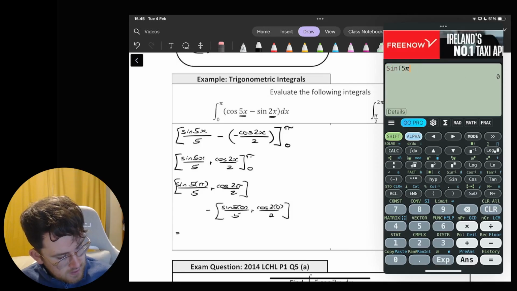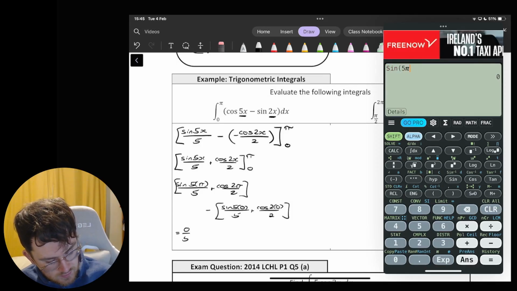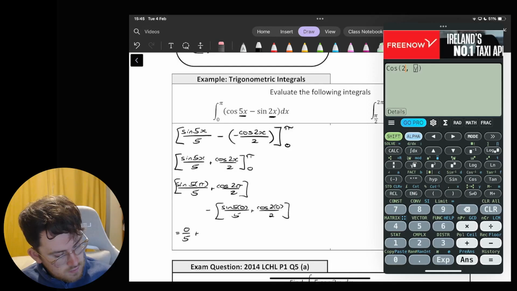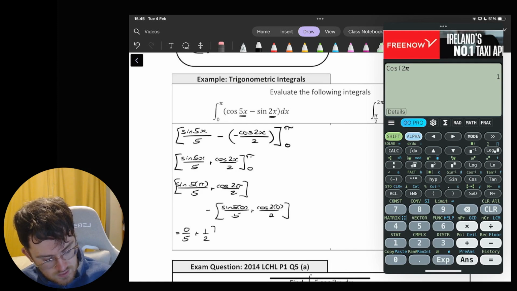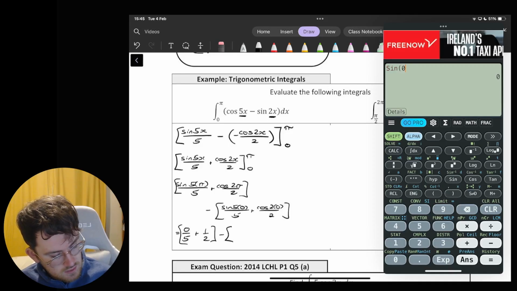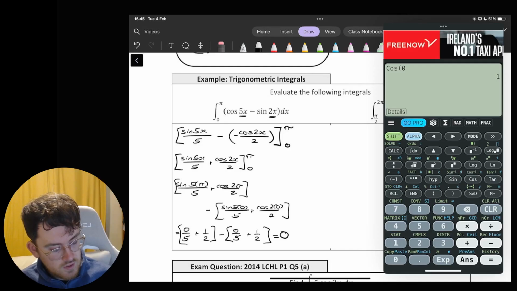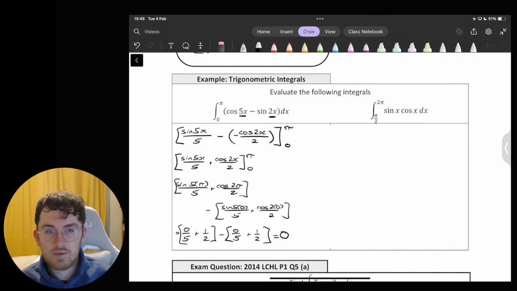Sine of 5 pi is 0, so 0 over 5 plus cos of 2 pi, let's go again, is 1. So 0 plus a half minus sine of 0, which is also 0. So sine not contributing an awful lot here, cos of 0 is 1, plus a half, and we actually just end up with an overall answer of 0.